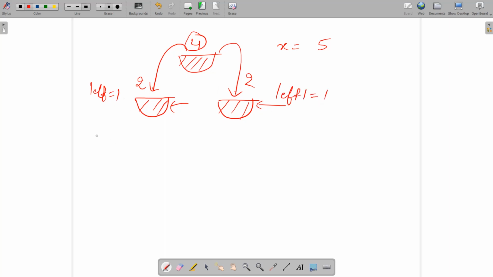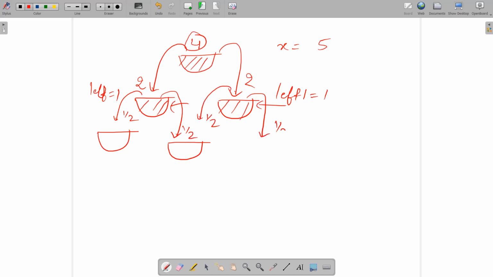So you can see 1 by 2 will go over here, and again 1 by 2 will go over here. If you are asked how much the glass is filled, you can see 1 by 2 plus 1 by 2 is 1, so it is completely filled.